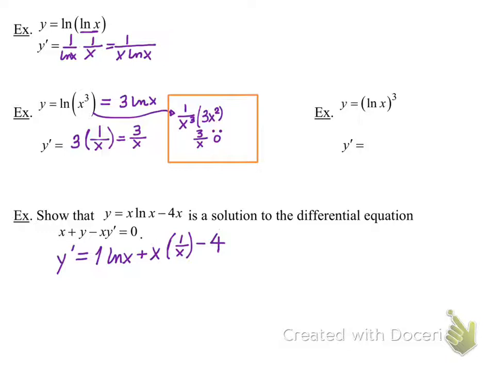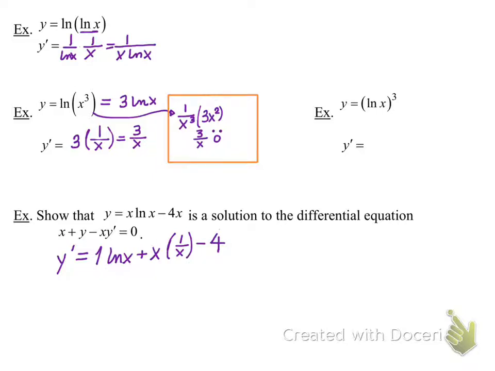Okay, so the derivative of the first would be the derivative of x, which is 1, times natural log of x, that's the regular of the second, plus the regular of the first, which would be x, times the derivative of the second. The derivative of natural log of x is 1 over x, minus 4x, the derivative of that is just minus 4.